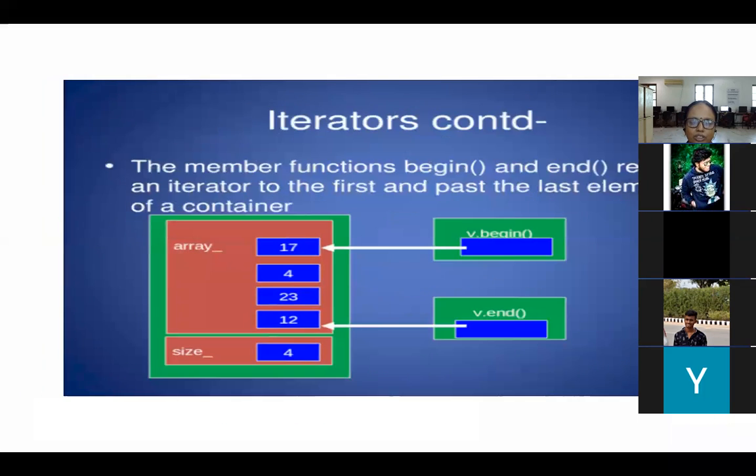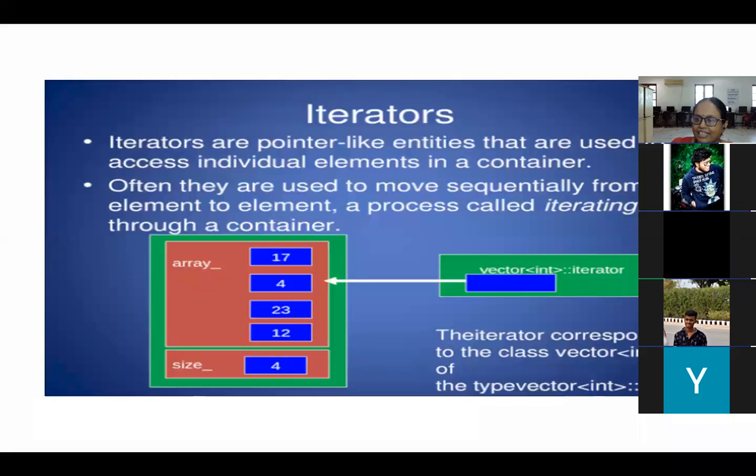Then iterators. Iterators will always access the data. Containers hold the data, and accessing the data is done by the iterators. You have all seen 17, 4, 23, 12. You know the scope operator, with which I can access a particular function. In a similar way: vector int, scope operator, iterator, so that I can access the elements.